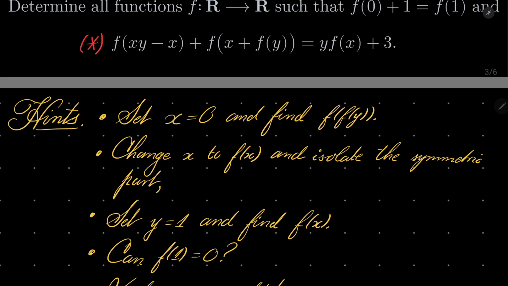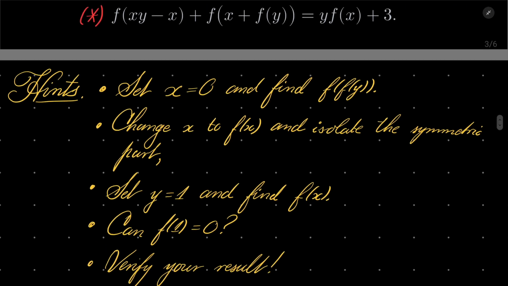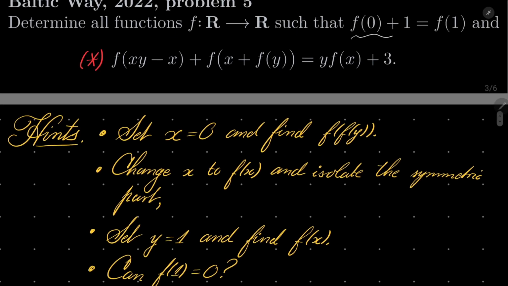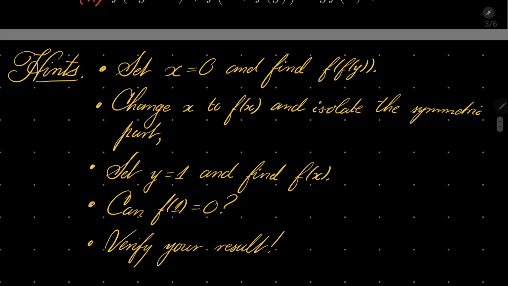After that isolation, change x to y and y to x and compare both sides and set y to be 1 to find f of x. At some point you may also want to answer the question, can f of 1 be equal to 0? And finally, verify your result and remember about this additional constraint. So give this problem a try and I will see you in just a minute.